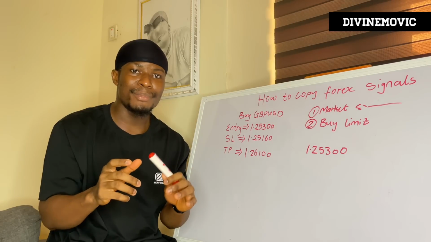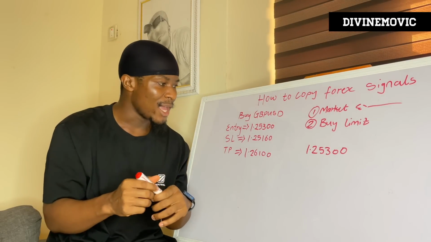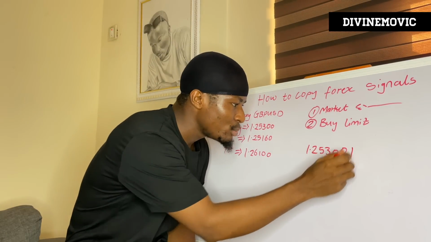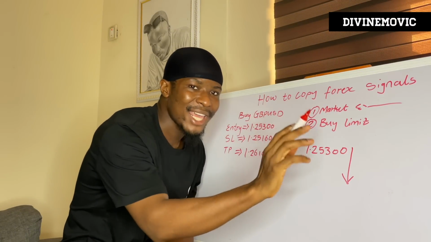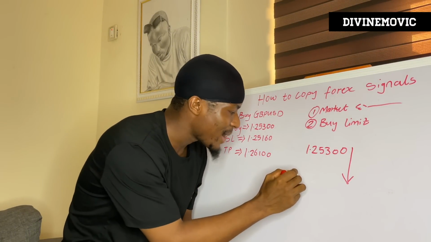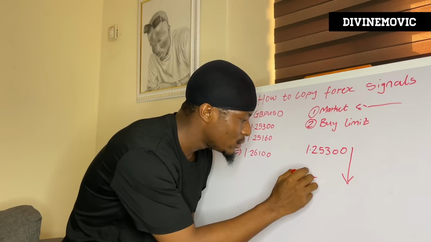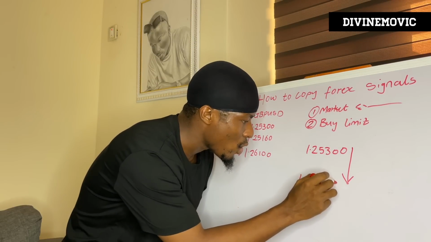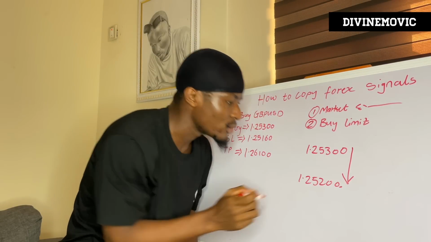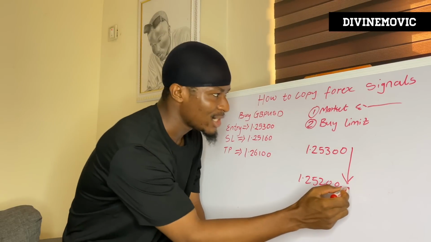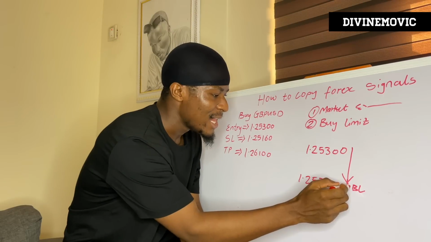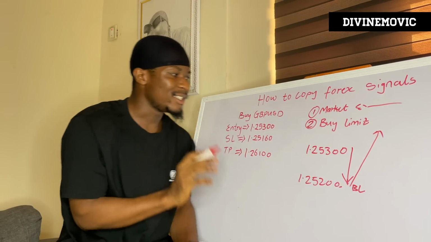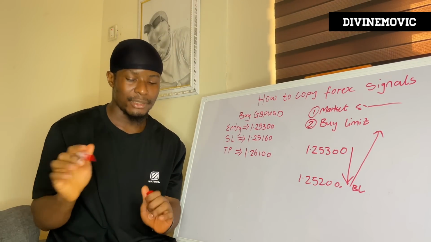Now, a buy limit is simply telling the market that, okay, if price comes down below this 1.25300, I'll likely buy. For instance, if price comes back to 1.25200, I want to buy from this point. So what you simply do is to set a buy limit at this point, so that if price comes down to this point, let price continue to buy. This is referred to as a buy limit.